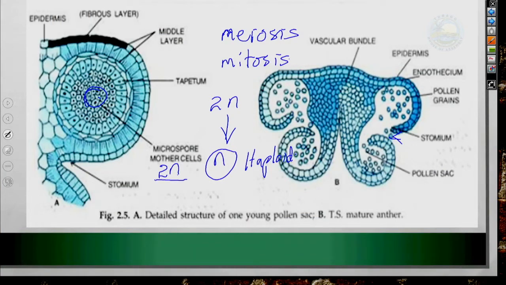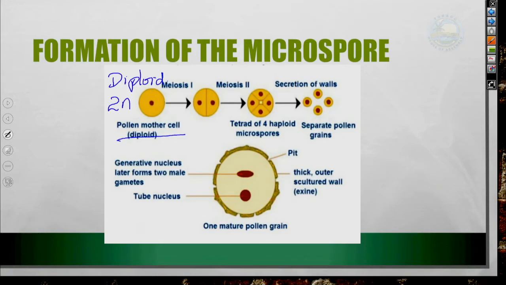We will get back the number of 2N. Good? This will be explained a little further on.